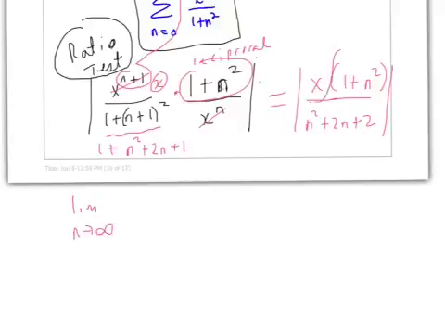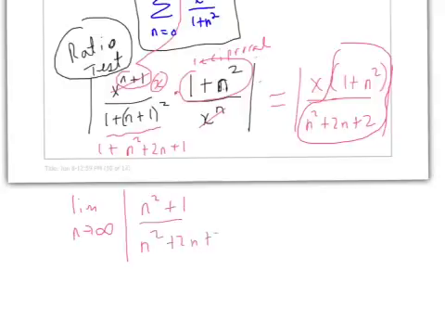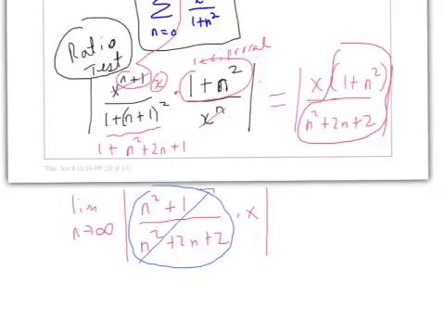I'm going to extract these pieces here, meaning the terms that have the n's in them, and keep them together, over n squared plus 2n plus 2, times x. Well, we're interested in the limit as n approaches infinity, so by now you know the degree of the top is the same as the degree of the bottom here, so this whole expression is going to tend towards 1. So that's going to lead us to basically the absolute value of x.